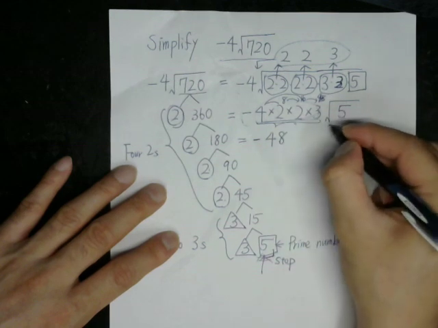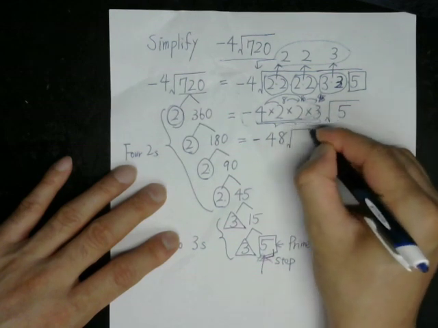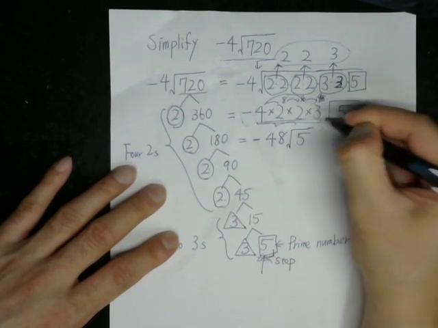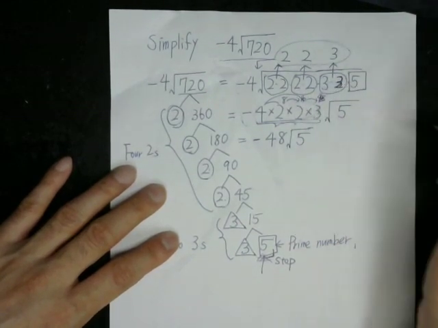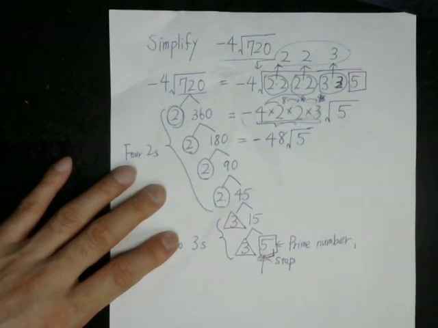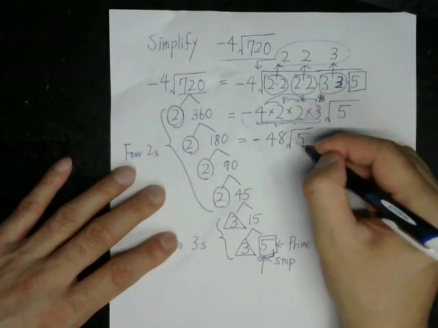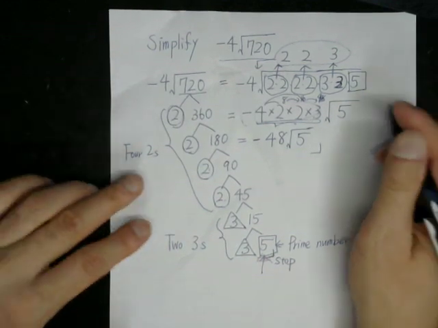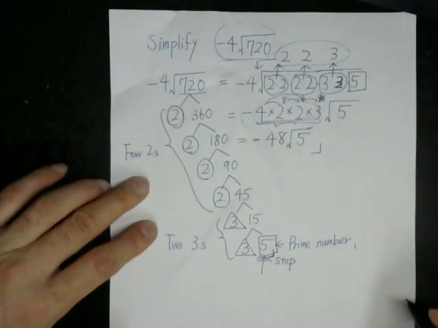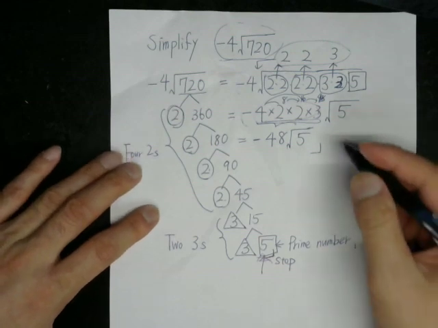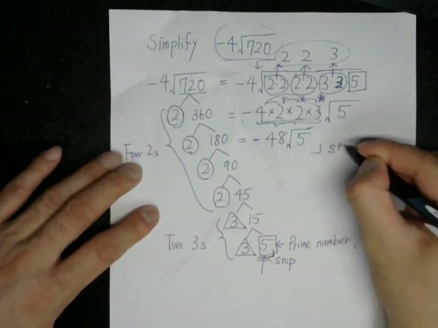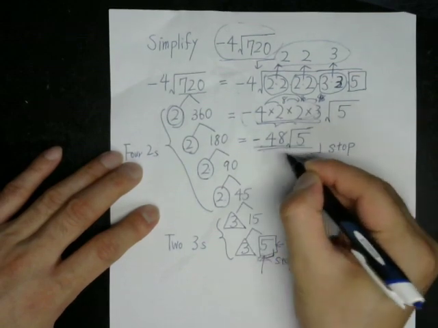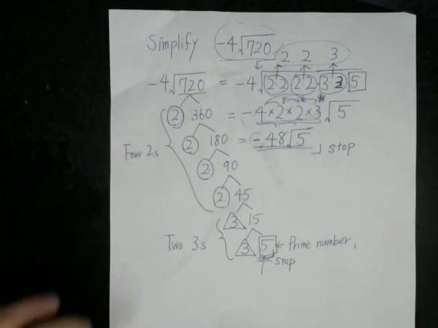And we shouldn't forget that there is a square root of 5 sitting in the back. So you should write that number here. This is as far as you can simplify this negative 4 square root of 720. So you stop your calculation here, and this is the answer, including its sign. Okay, thanks.